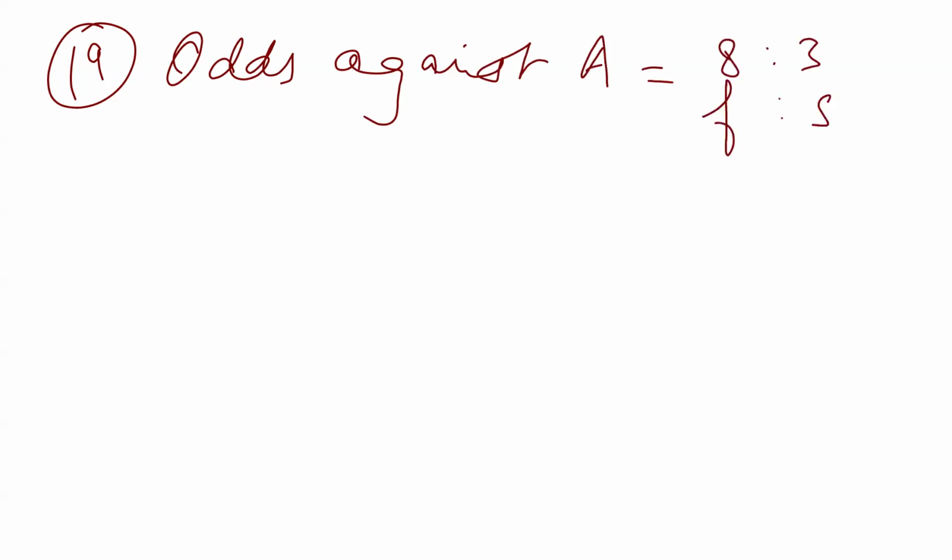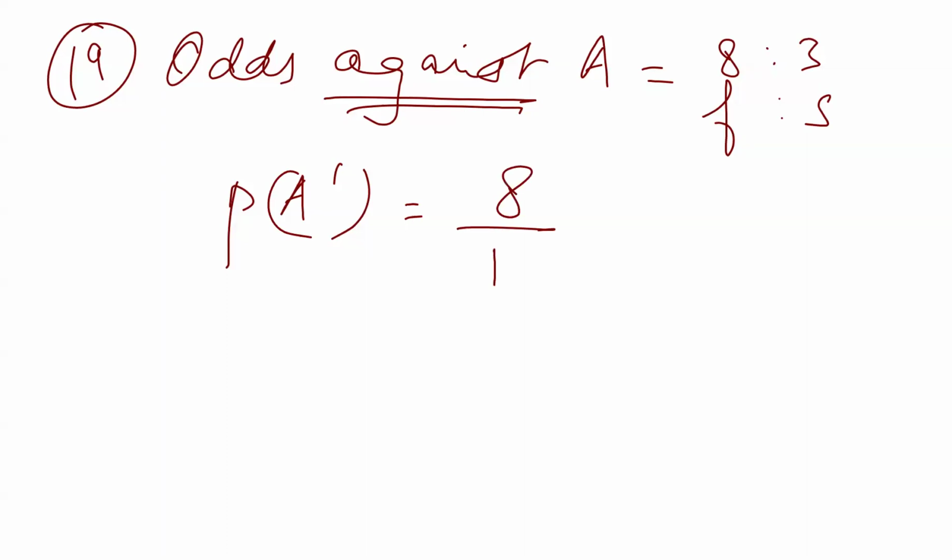So this is failure. See, it is against, right? So it is failure upon success. So P of A dash, it's against, so A not happening is equal to failure upon failure plus success. So P of A will naturally be 3 upon 11, success upon failure plus success.